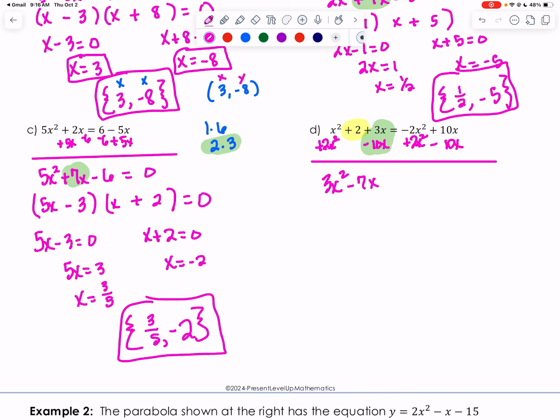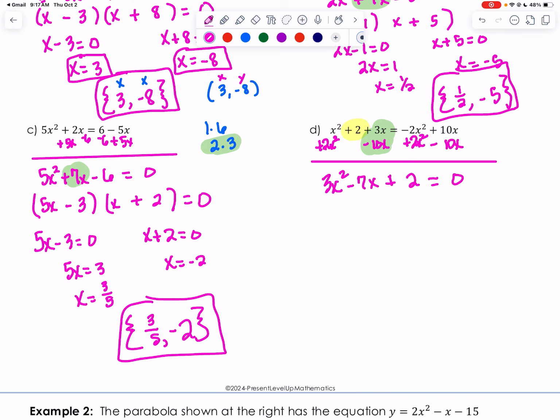So you just need to make sure that when you're writing your quadratic expression, it's in standard form and the terms are all in the correct order. If you don't put them in the correct order, you're not going to be able to factor them properly. All right, so now we've got our quadratic expression. Now I want you to pause the video and try this problem on your own.